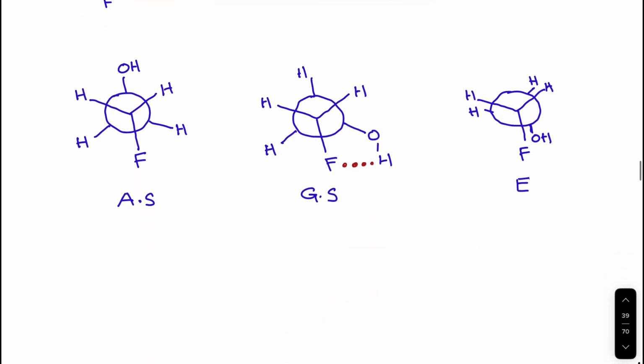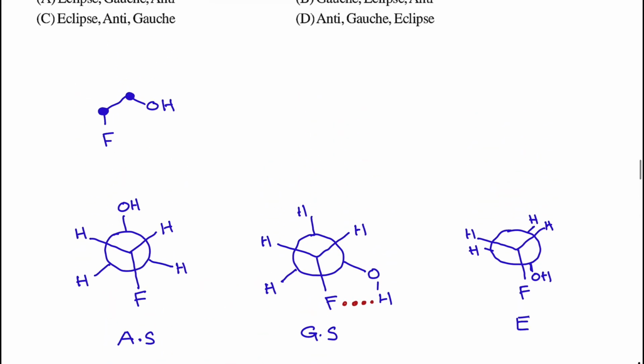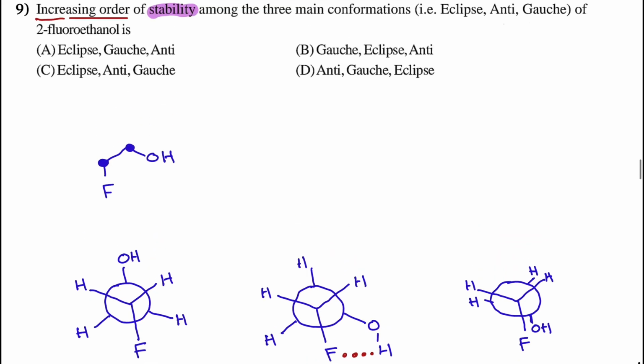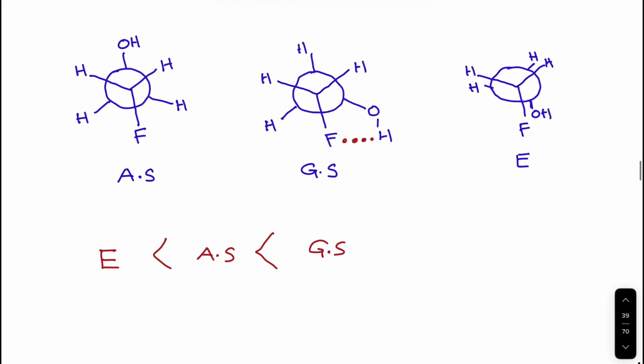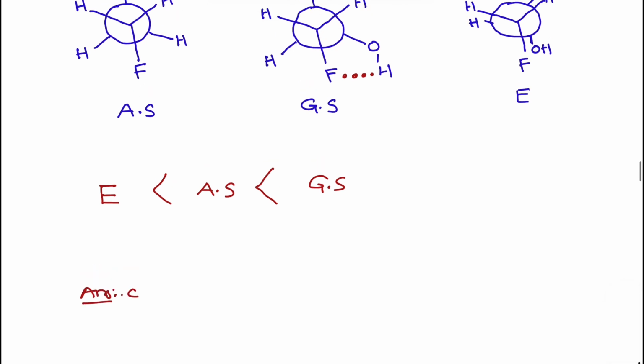So you have to start with the one which is having least stability. So eclipsed, anti-staggered and gauche staggered, this is the order because he is asking increasing order of stability. So the answer must be C. So the correct answer to this question is C.